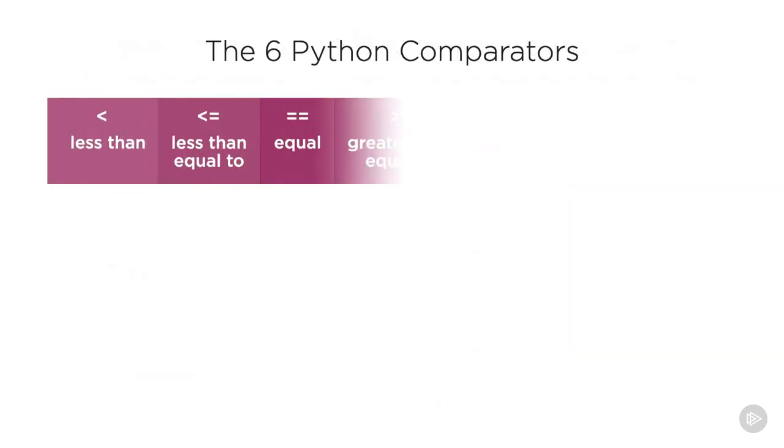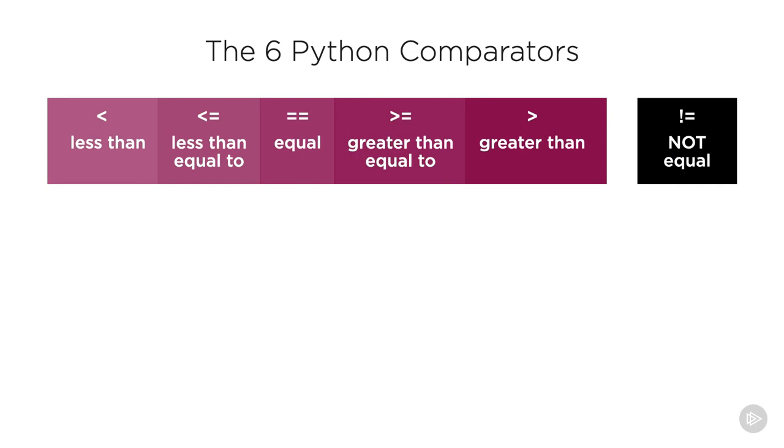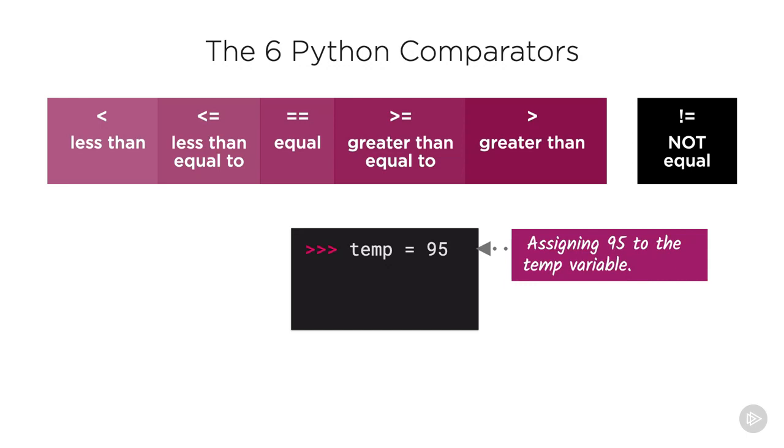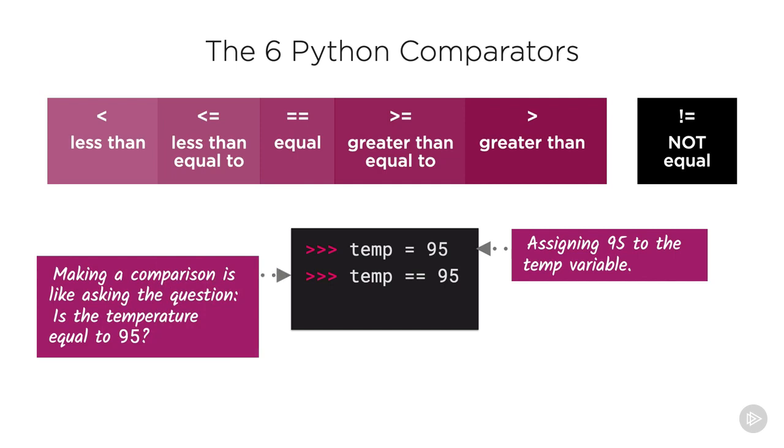There are 6 comparators in Python: less than, less than or equal to, equals, greater than or equal to, greater than, and not equal. From the interpreter, let's assign the value 95 to the temp variable, short for temperature. Then we can enter temp == 95 for checking if temp is equal to 95, and we can think of it as asking, is the temperature equal to 95?